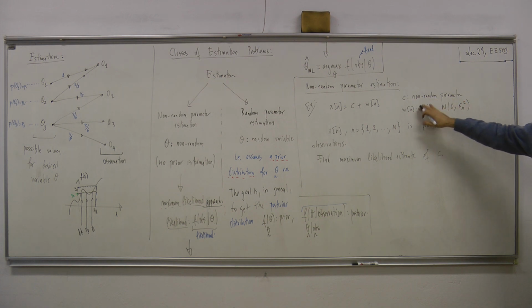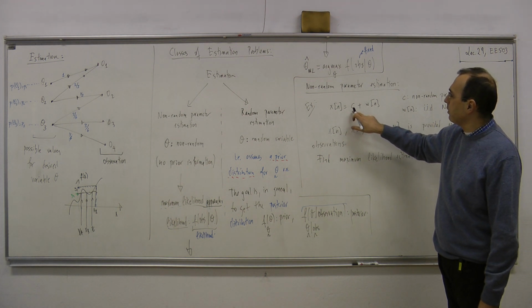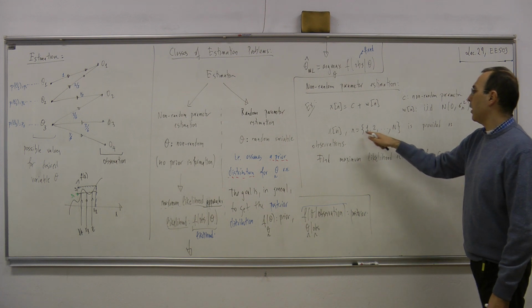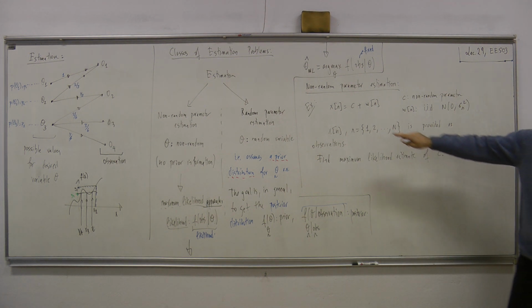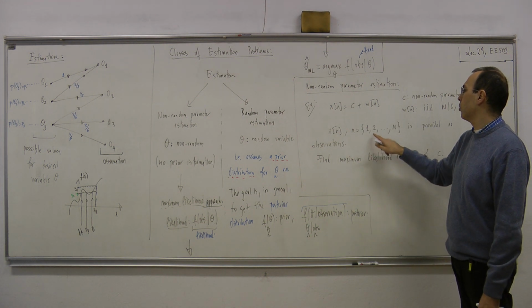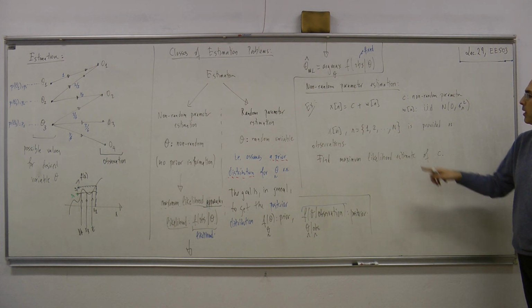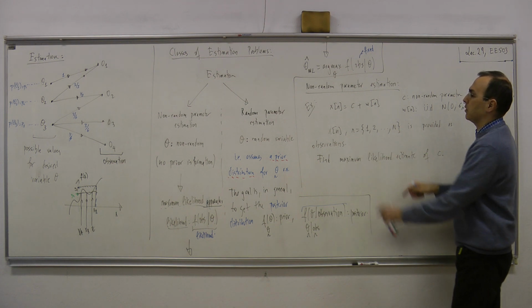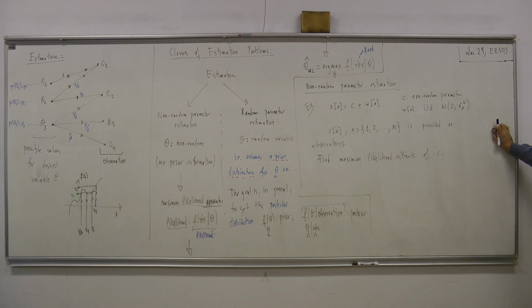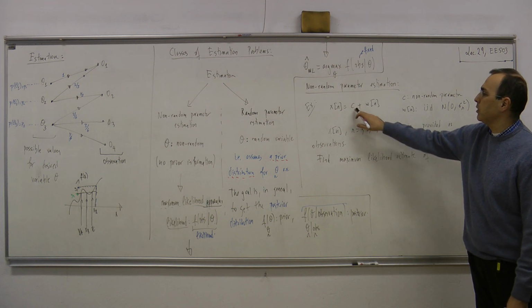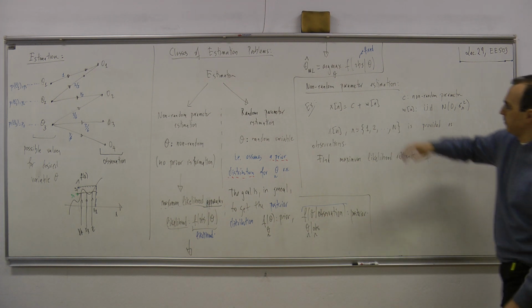There is some noise in the multimeter output. Now the question is, what is the resistance? Given I have N of these, I can say that my resistance is my first measurement or second measurement, or I can say that it is the average of them, or the average of the first and the last measurement. So how can I find a good or reasonable estimate for c? That is our problem.